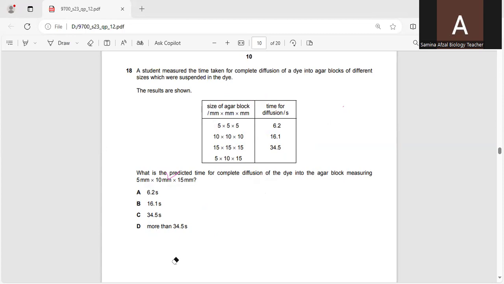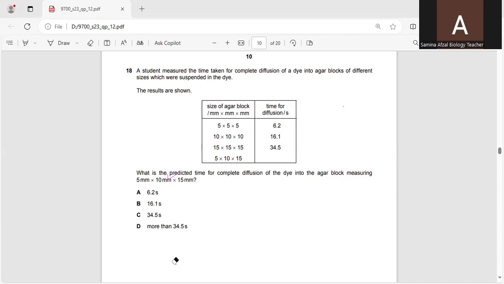So it means as the size is increasing, the time for diffusion is also increasing. And in the fourth case, they have asked what is the predicted time for complete diffusion of the dye into the agar blocks measuring 5 by 10 by 15 millimeters.